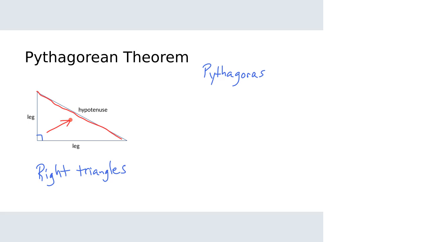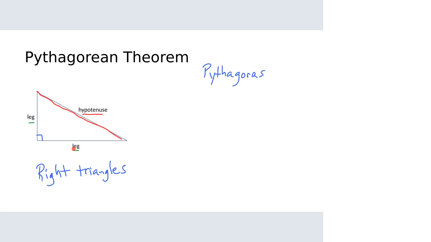The bigger the angle, the bigger the side across from it is going to be. And so the side across from the right angle, the biggest side in the triangle, is called the hypotenuse. The other two sides in the triangle are just called legs. We don't really distinguish between those. They're legs, and the other one is the hypotenuse.